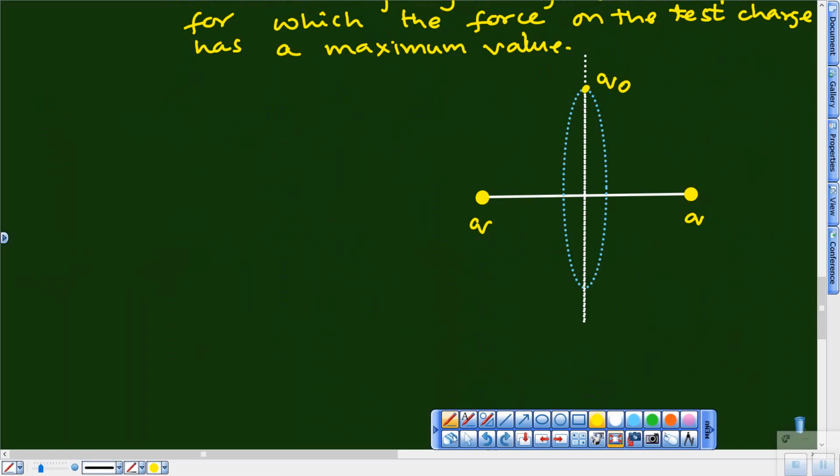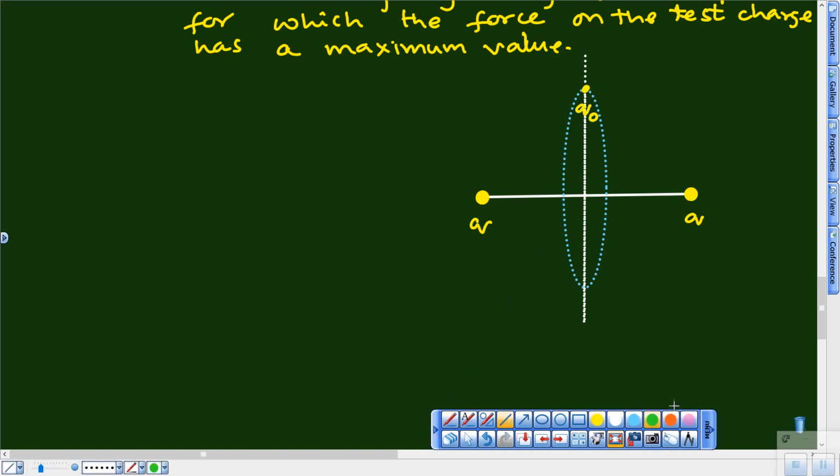After all, it is a circle. So, if I see the force that is felt by Q naught, which I write somewhere over here for the sake of convenience, Q naught.